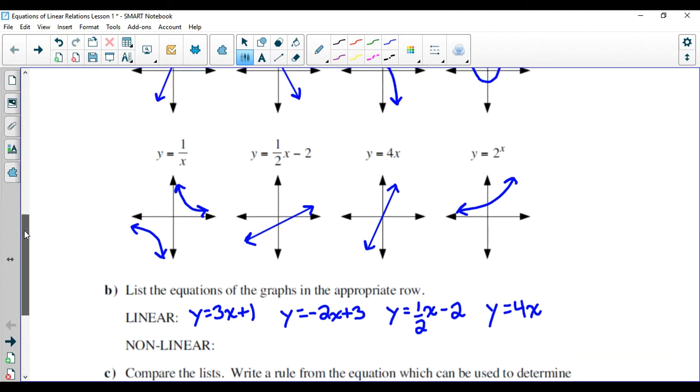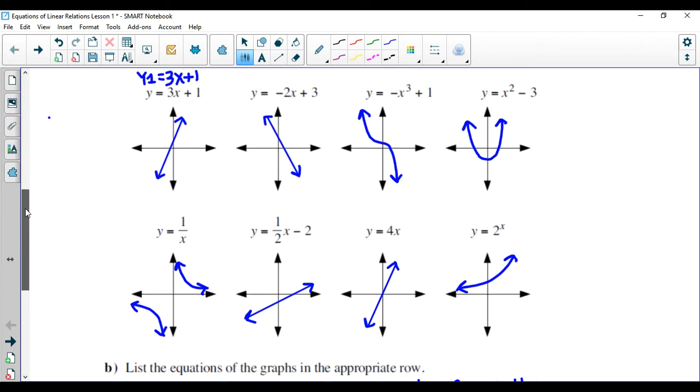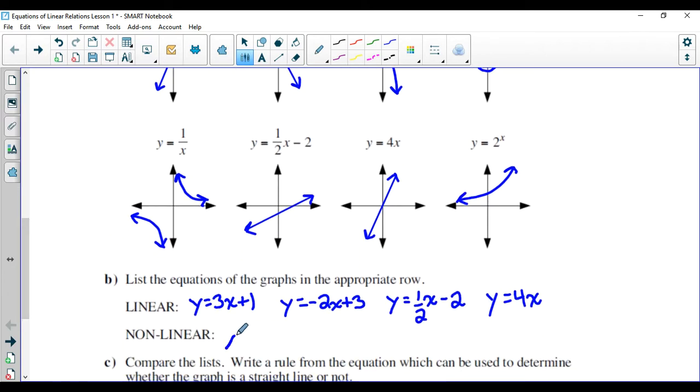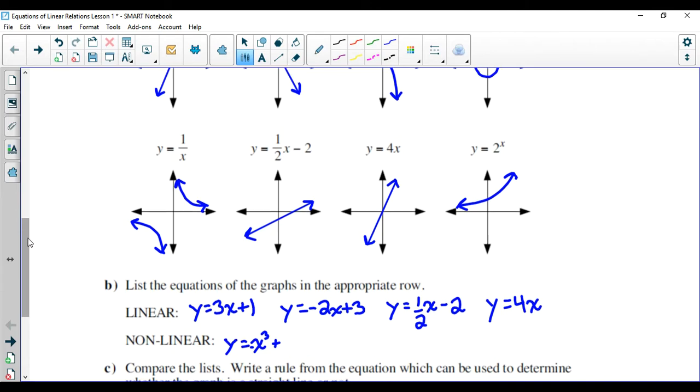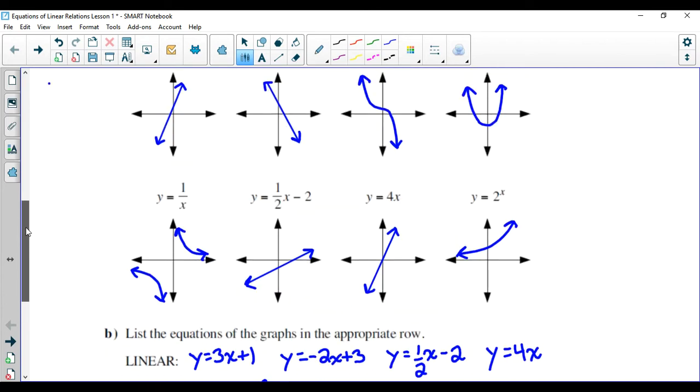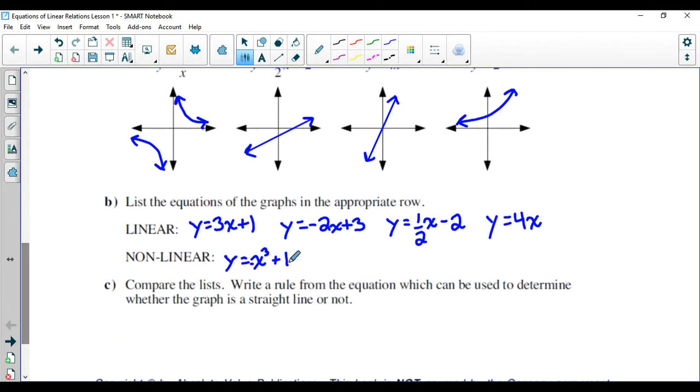The ones that are not linear have that curvy type shape to them. So that would be graph 3, which is y equals negative x cubed plus 1. Sorry, that's a negative sign there, it's really small. You have the 4th graph, which is y equals x squared minus 3.